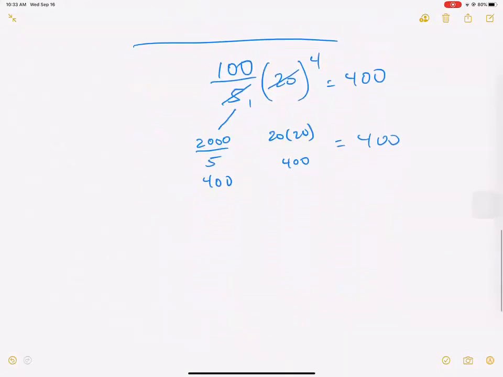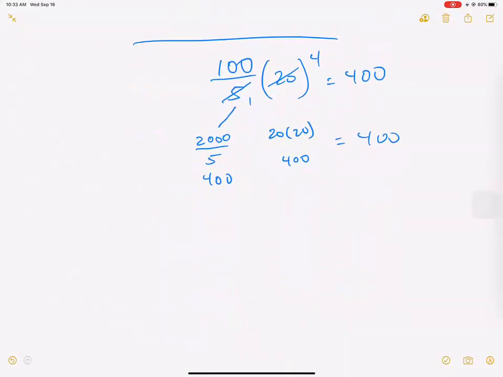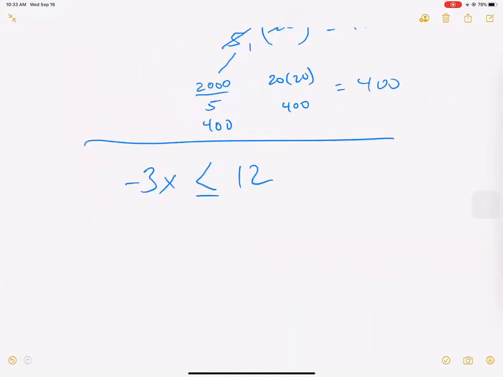Okay, let's move on. Now, we had a rule for inequalities, and this is just a reminder. If I say negative 3x is less than or equal to 12. The rule is if I ever have to divide or multiply across by a negative, we have to flip that inequality. 12 divided by 3 is 4.